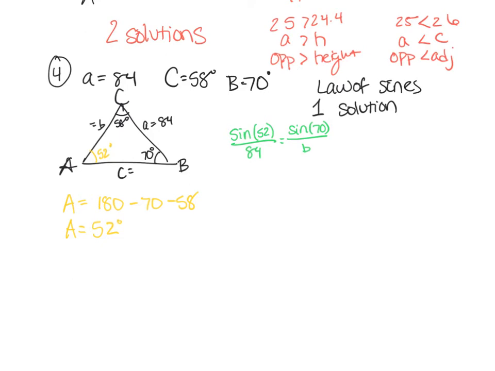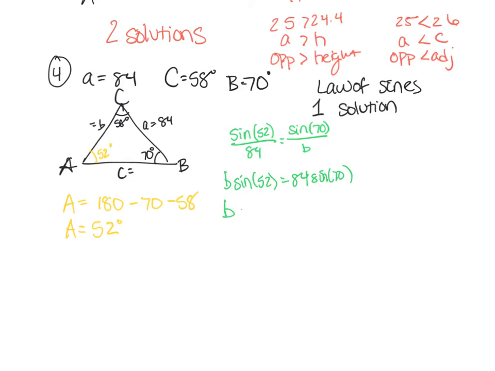From here, we will cross multiply and get B times sine of 52 is equal to 84 times sine of 70. Now we need to divide both sides by sine of 52. You may notice I'm not including those in-between steps. You can if you want, but what I'm showing you is the minimum amount of work that I want to see.